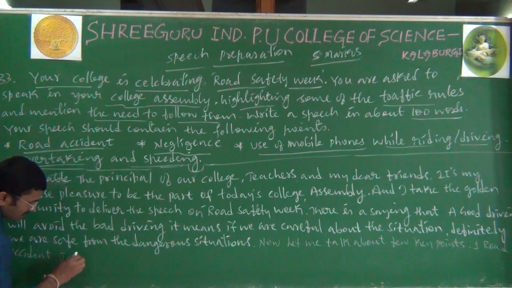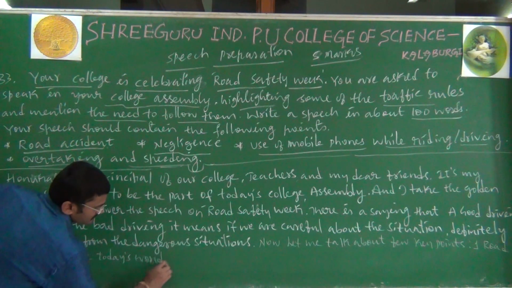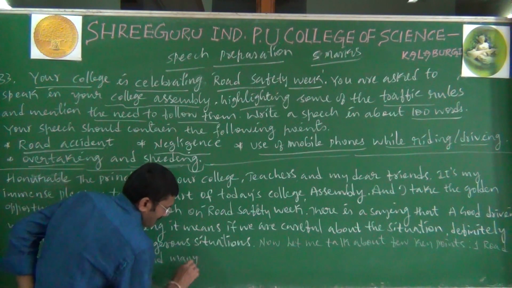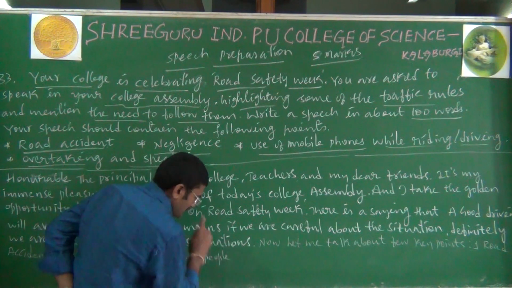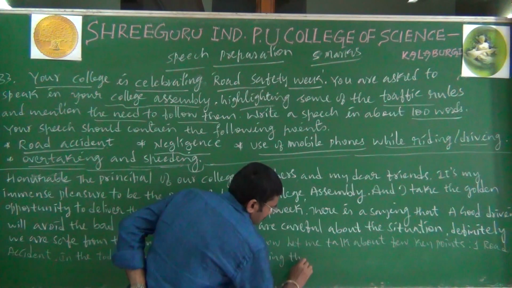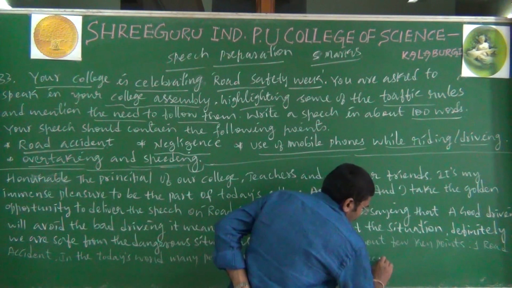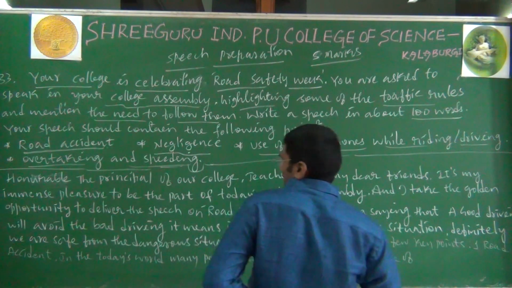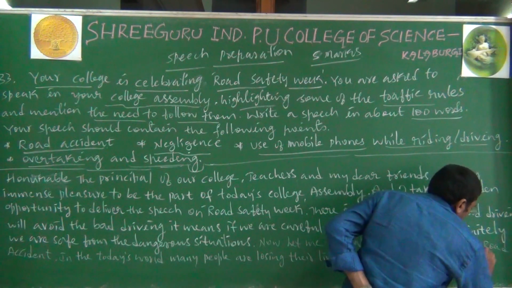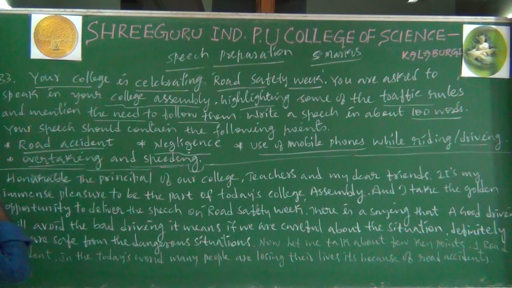In today's world, many people are losing their lives. It's because of road accidents. Number one. Number two, negligence.